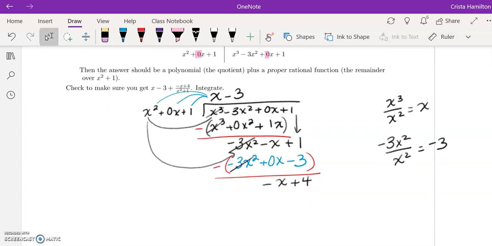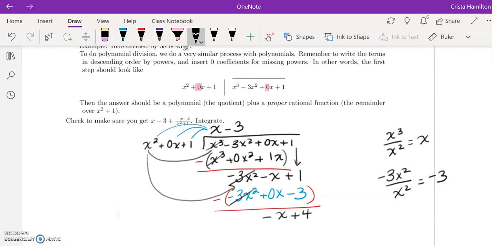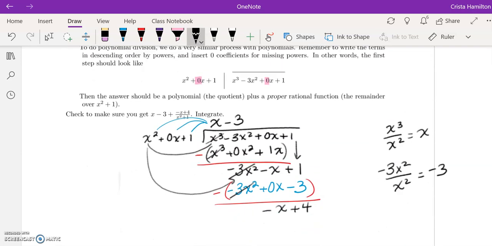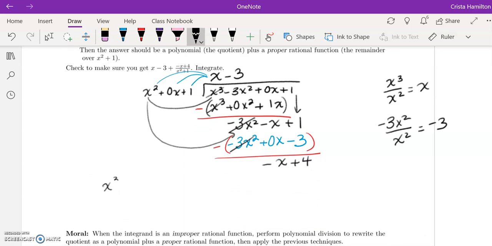Then that means that when you go to rewrite it, this fraction that we started with, okay, I'm really just doing pre-calculus at this point. My x cubed minus 3x squared plus 1 divided by x squared plus 1 is equivalent to, x squared plus 1 divides into that polynomial, x minus 3 times plus your remainder.